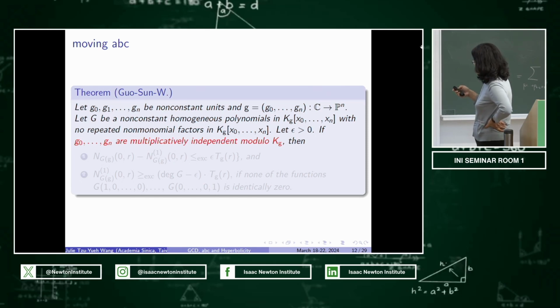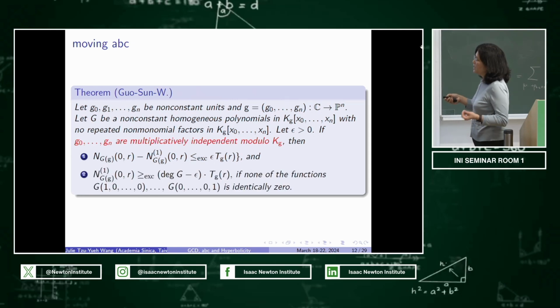This is the condition, and then you can compute the multiplicity of the double zeros. And again, you need the second main theorem. So you assume general position, and then you can have the ABC estimate.